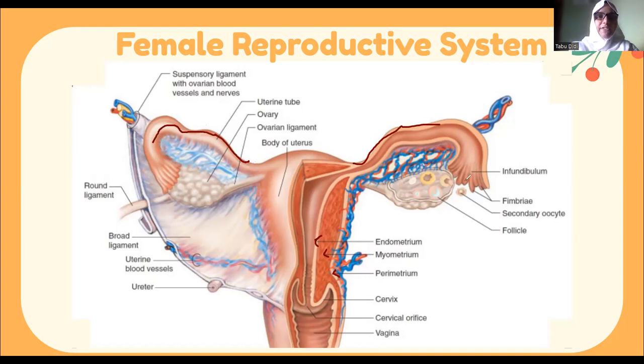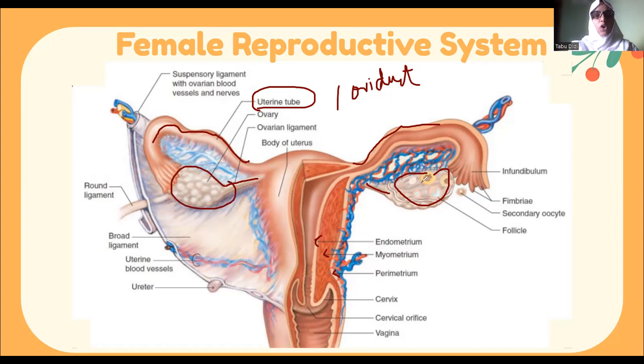Another word is uterine tube, and another name is oviduct. A duct is nothing but a tube. Basically it is a passage for the egg which is released from the ovary. These are a pair of ovaries on either side of the female reproductive system. You can see one ovary over here, another ovary over here.